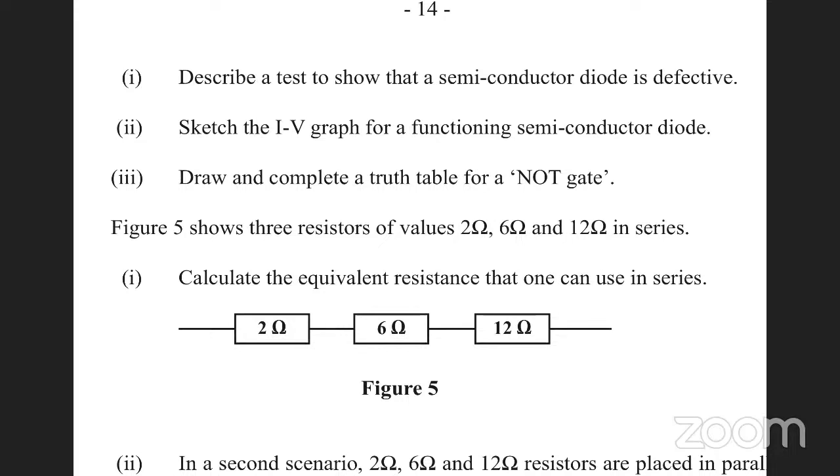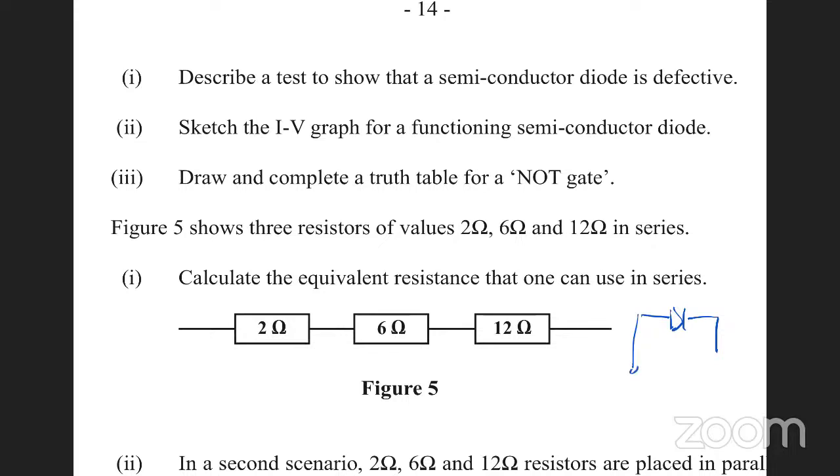What's the circuit you can set up? You need a circuit to show that the diode is possibly defective or not. Any ideas? Of course, the circuit must have a diode, right? What else could we put in it?